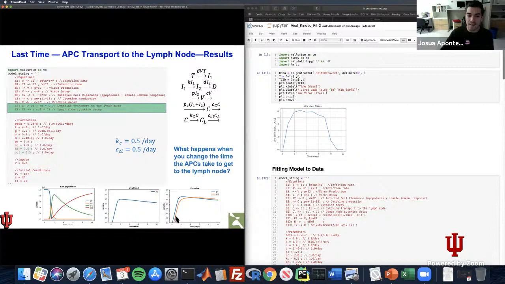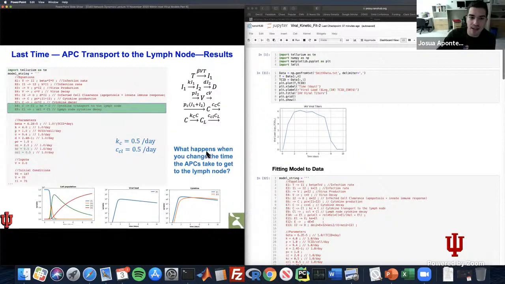And again, what is a good guess of what is determining this difference? This is telling me how much of the cytokine I have in the lymph node, and this is telling me how much of the cytokine I have in the tissue.